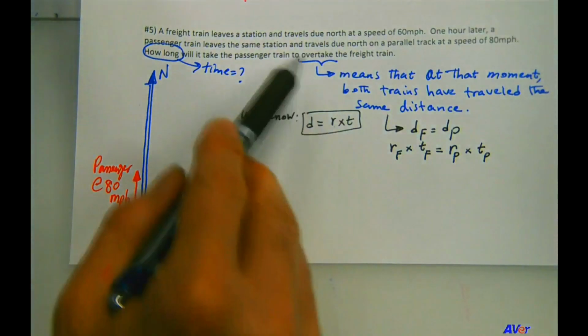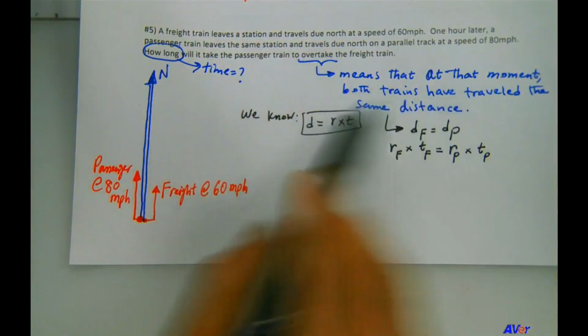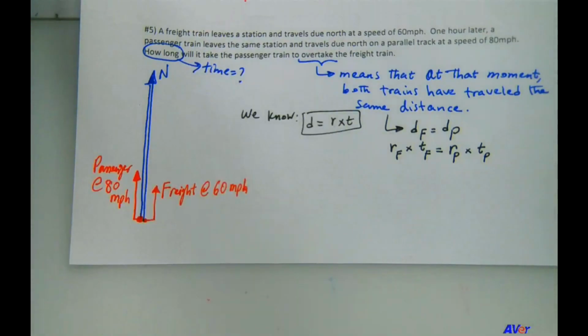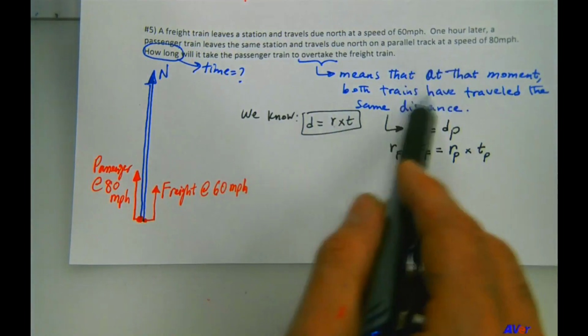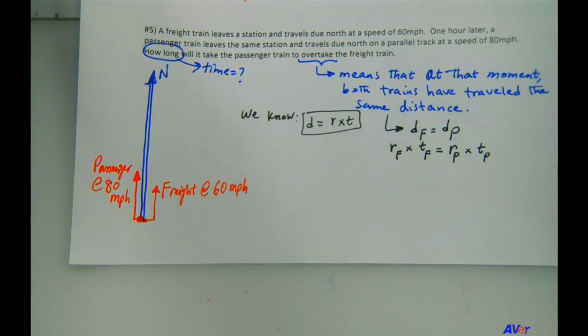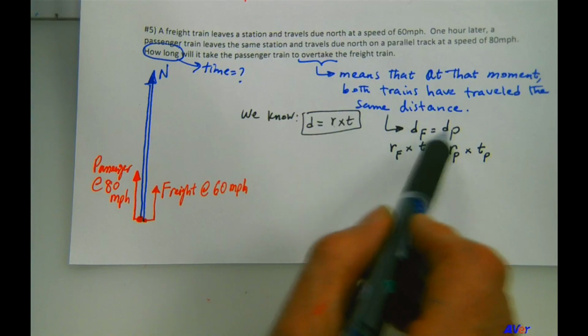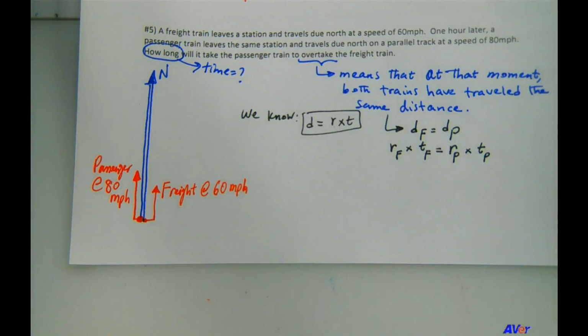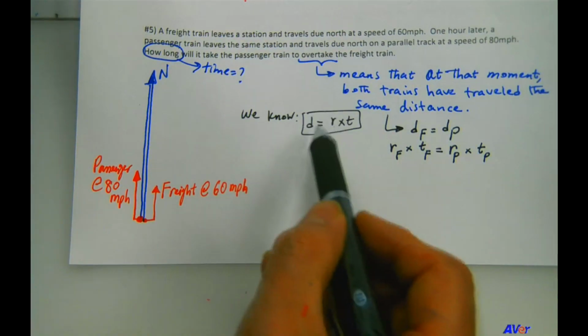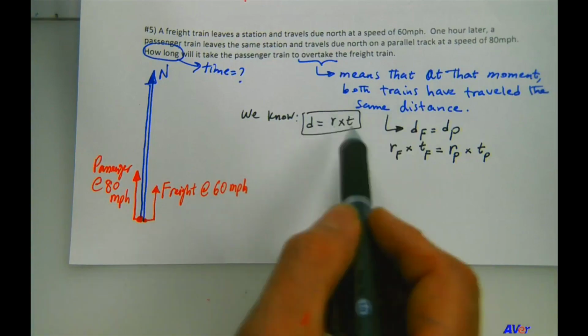So overtaking, once again, means that at that moment when one train overtakes the other train, both trains will have traveled the same distance, right? So distance traveled by the freight train equals distance traveled by the passenger train. But we were told this formula earlier, right?